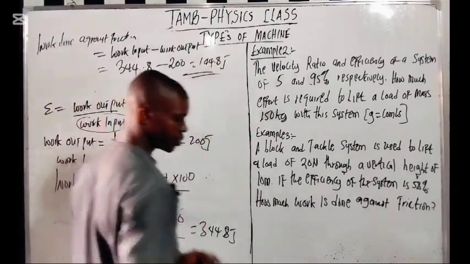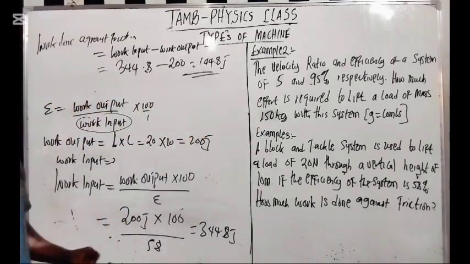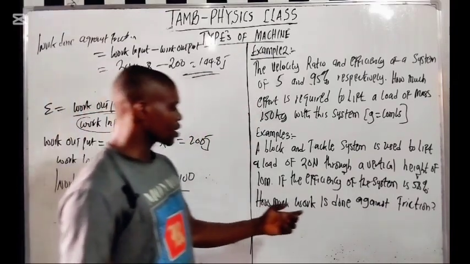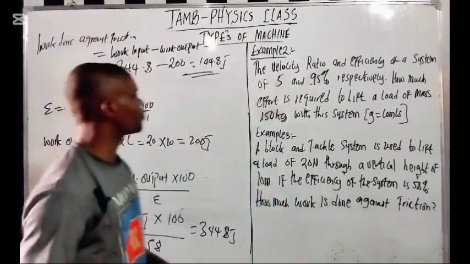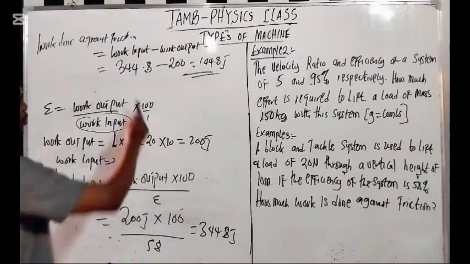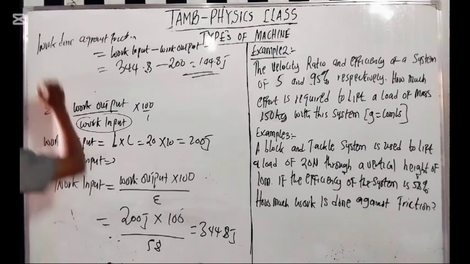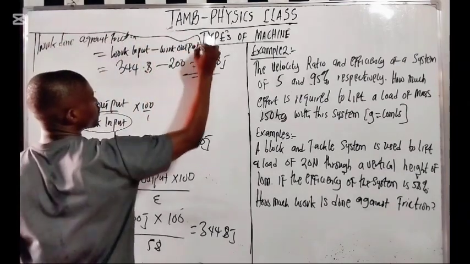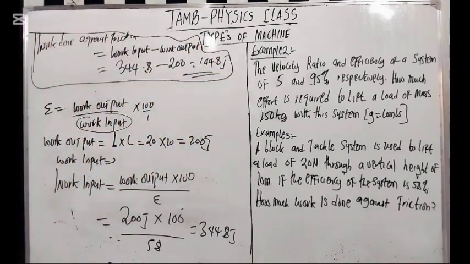That is the answer. So work done against friction is always equal to work input minus work output. This formula is very, very important, so please take note of it. It is the most important formula here.